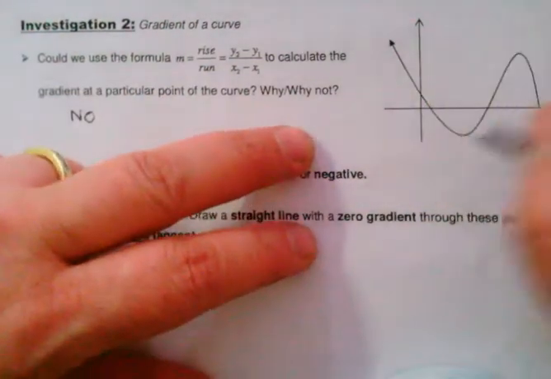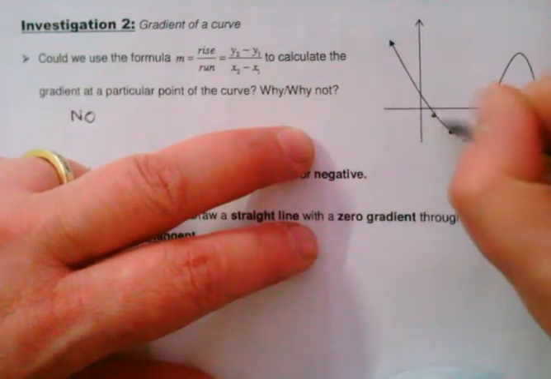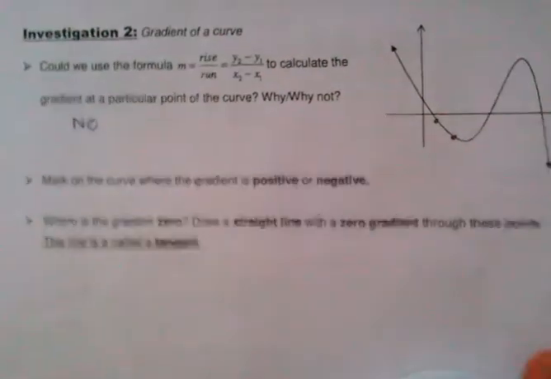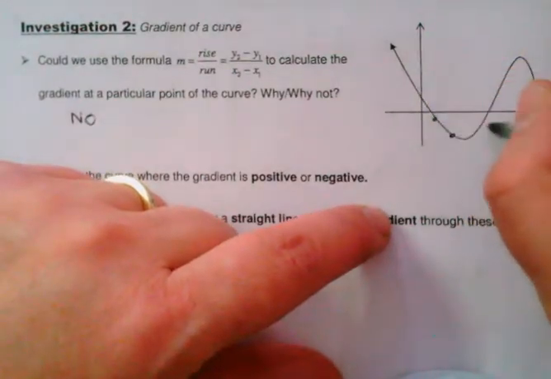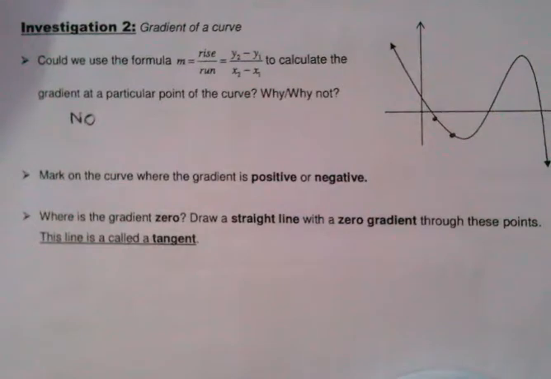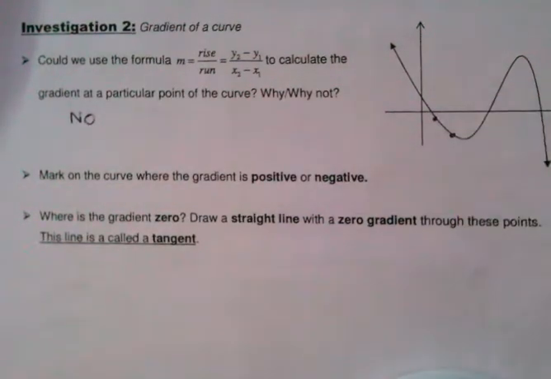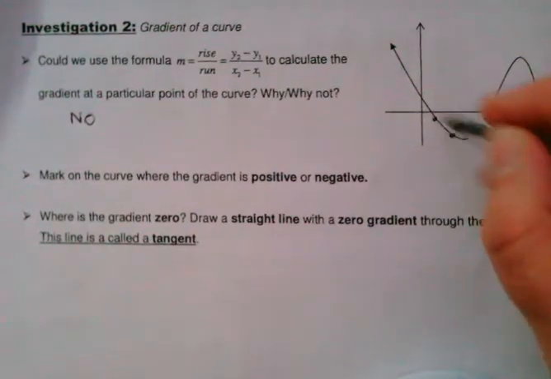Because, for example, if I want to find the gradient of the curve between these two points, it looks like it's straight on the line, but a curve and a straight line are not the same thing. I can only find gradients of straight lines, and even though it's fairly straight there, it's still a bit of a curve in that section.